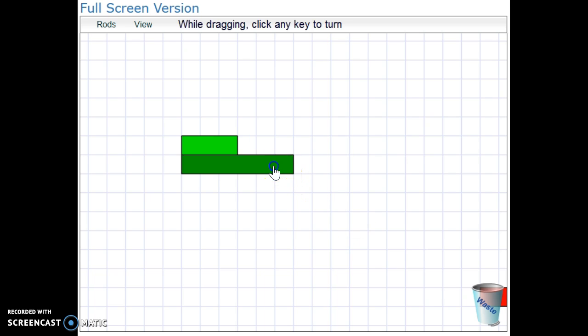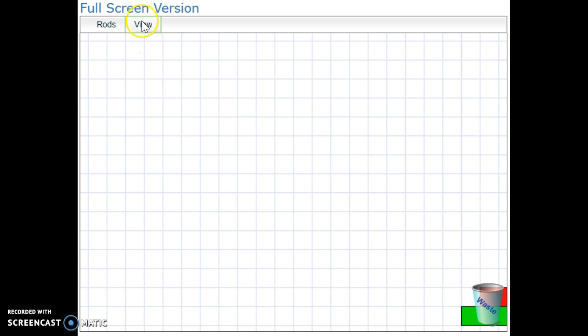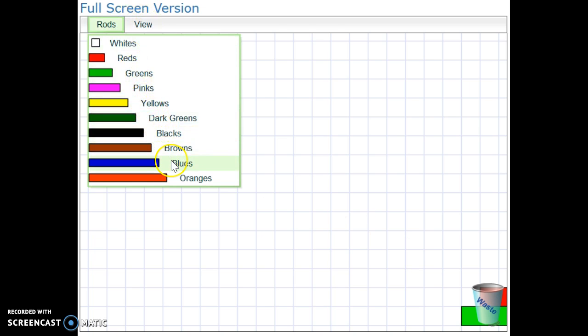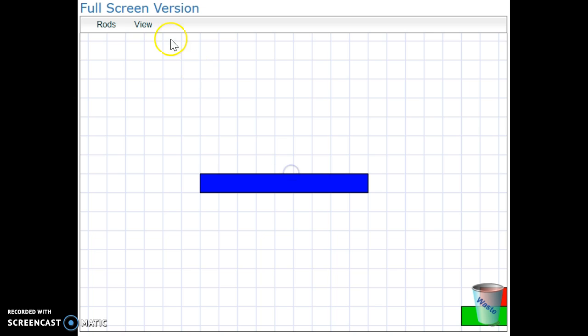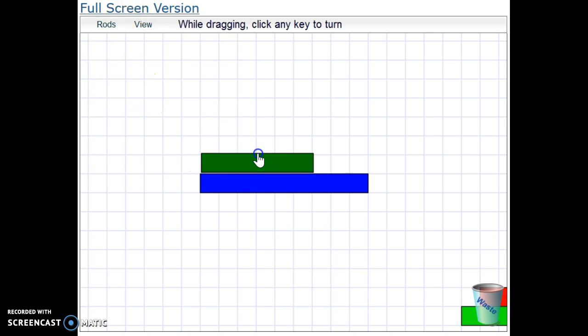If the blue rod is our unit rod, what fraction does the dark green rod represent? So the blue rod is now our unit rod, and the dark green is here.